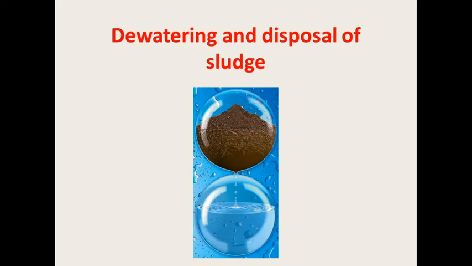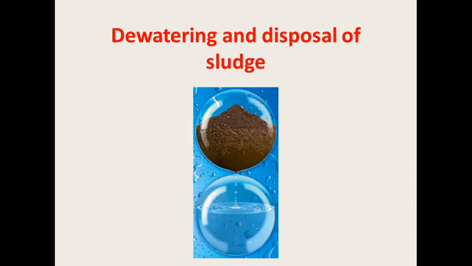Why sludge conditioning? Because it improves the dewatering characteristics of the sludge and prepares the sludge for the dewatering process. In this process, sludge conditioning can be done by thermal treatment, using heat, or by using inorganic or organic chemicals.